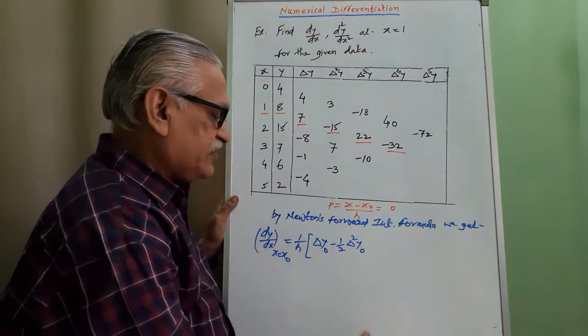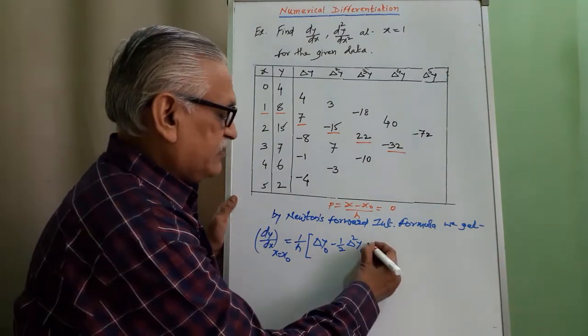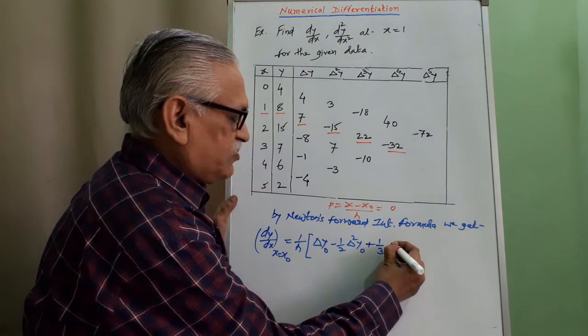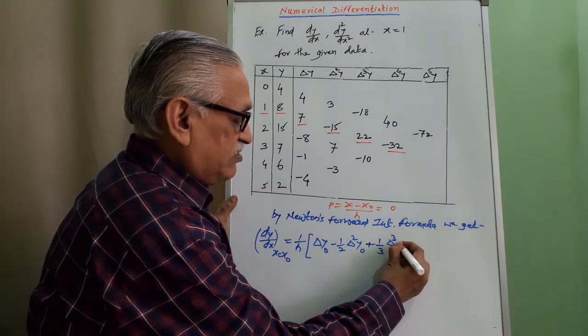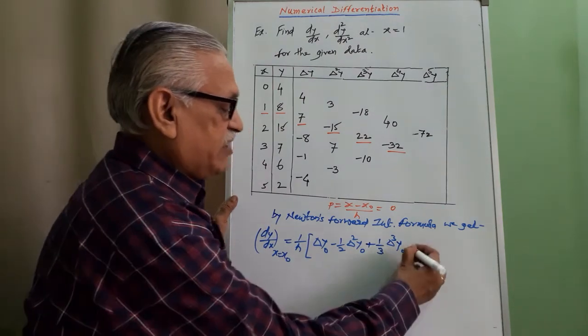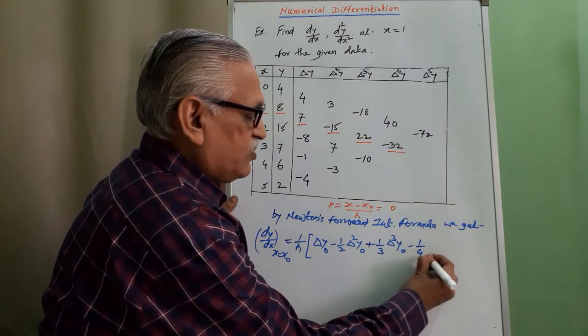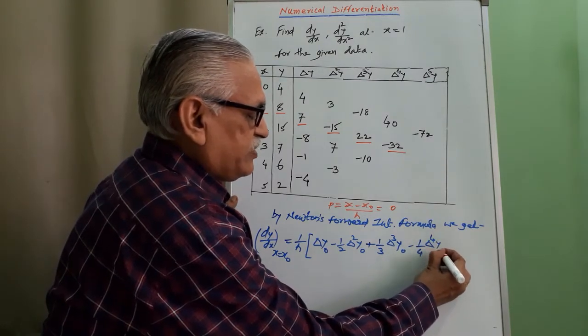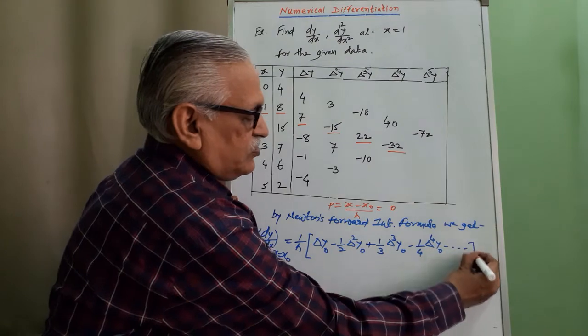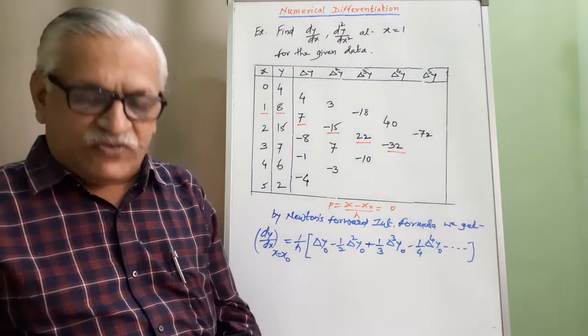Already I have discussed this in the first part.] Plus 1 by 3 del cube y0, then minus 1 by 4 del raised to 4 y0 and so on. This is the formula we have to apply.